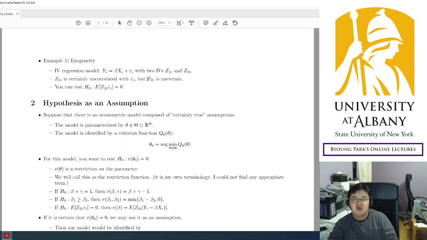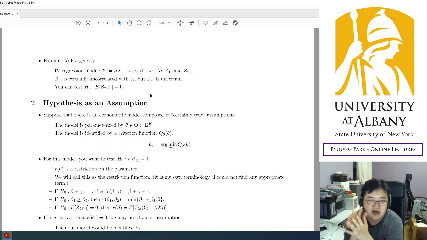Then we would like to test if z2 is a valid instrument. So if z2 satisfies the exclusion restriction, or the independence restriction, or not. So you are testing this condition. So these are just examples of hypothesis testing.